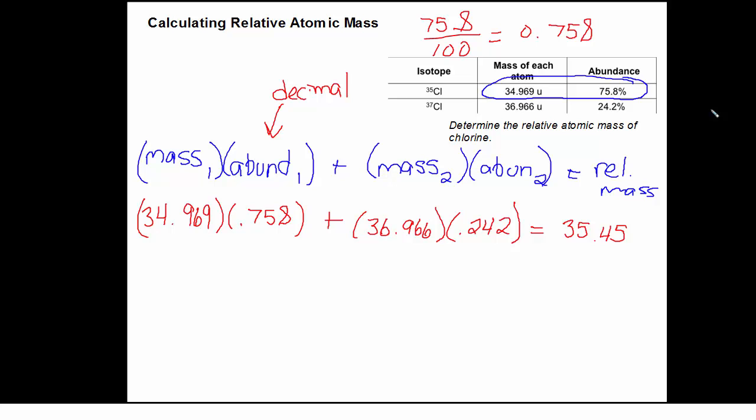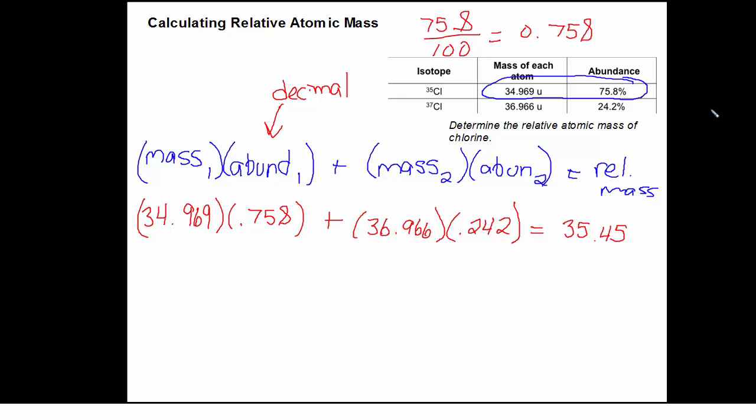Okay, so calculating relative atomic mass is actually based on how much of each isotope is present in the universe. If I just go take a sample of chlorine that I would buy, unless it's been isotopically purified, 75.8% of it is mass 35, 24.2% is mass 37.